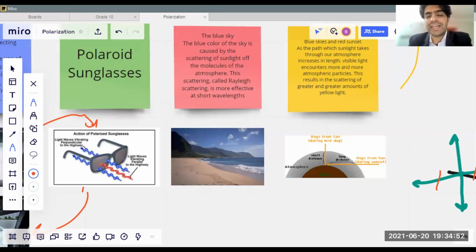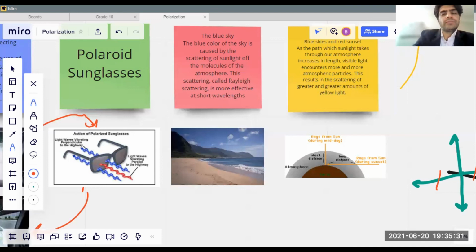Because of the atmospheric layer, when the sun is on top or in the middle, the distance between our atmosphere and the earth is very short, so the waves scattering are not that many. The first two colors, which have shorter wavelengths, scatter a bit, and because of that scattering we receive blue color at midday. That is one of the reasons why our sky is blue. That scattering is known as Rayleigh scattering, a name given after the person who discovered it.